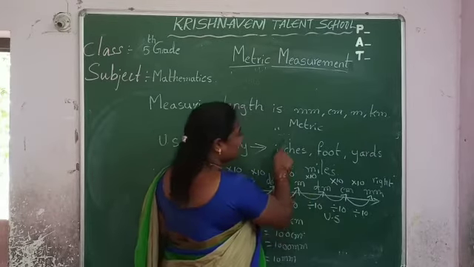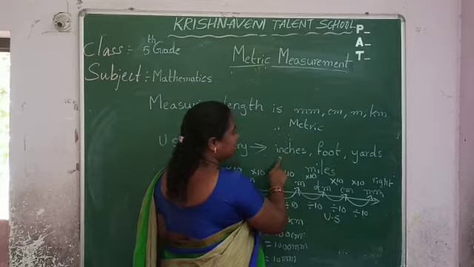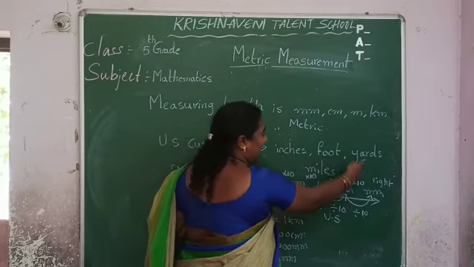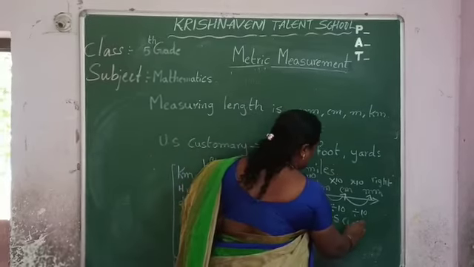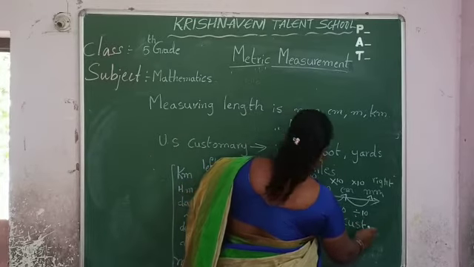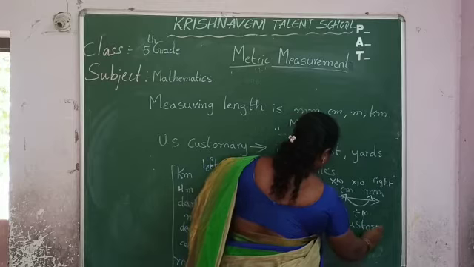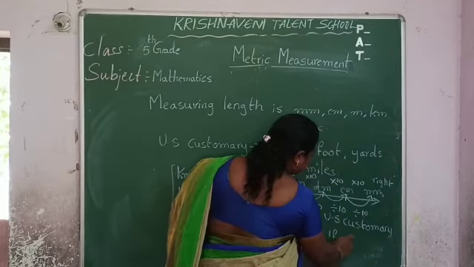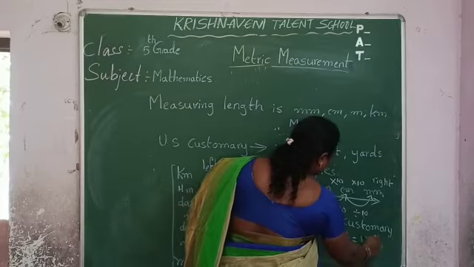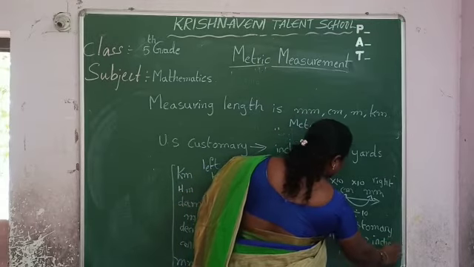Next, in US customary units, what are the units? Inches, foot, yards and miles. The relation between them: 1 foot is equal to 12 inches.